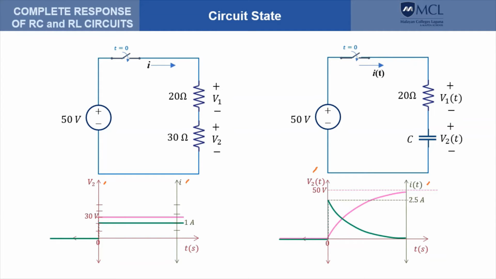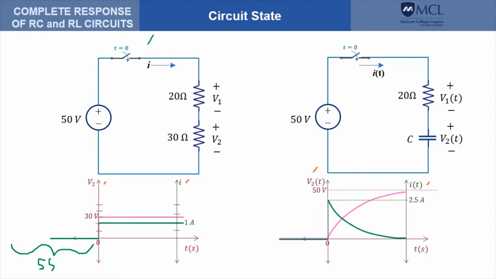Now let's evaluate the state of the circuits. So we have two circuits. For this circuit here, during this time period, the state is a steady state because the voltages and the currents are constant. And in fact, they are 0 because there is no source yet before t equals 0.